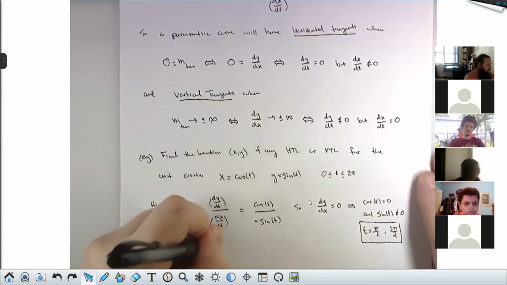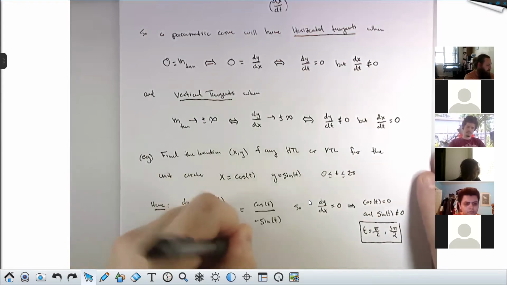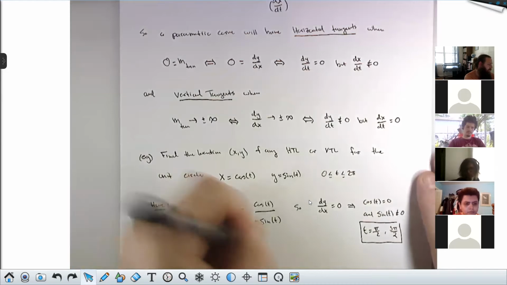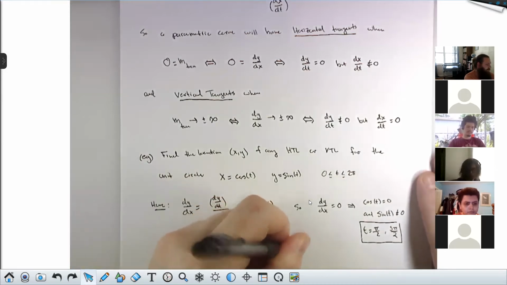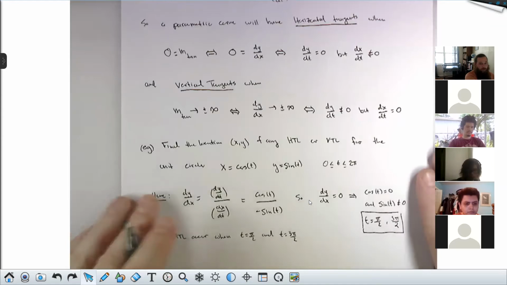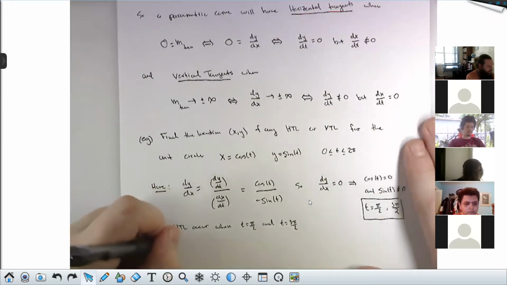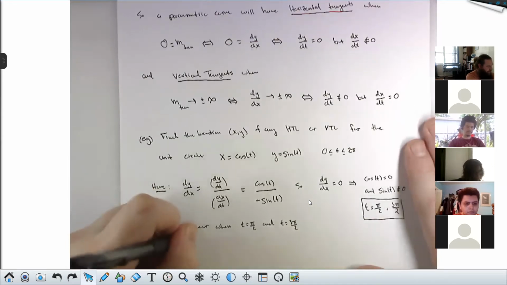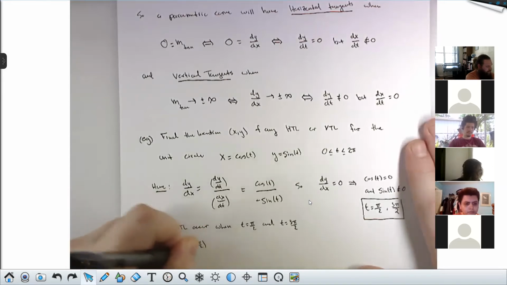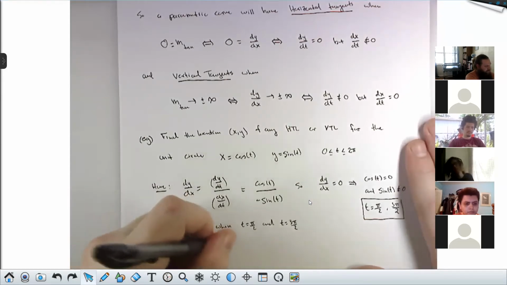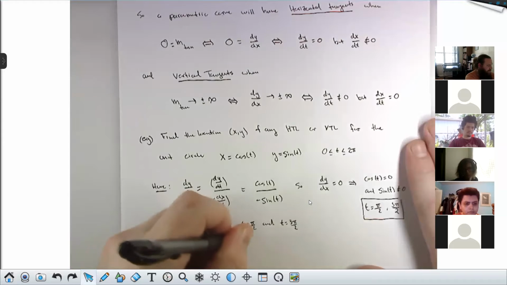Horizontal tangent lines occur when t is equal to pi over 2 and t is equal to 3 pi over 2. The associated points there: x is the cos of pi over 2, which is 0. Y is the sine of pi over 2, which is 1.